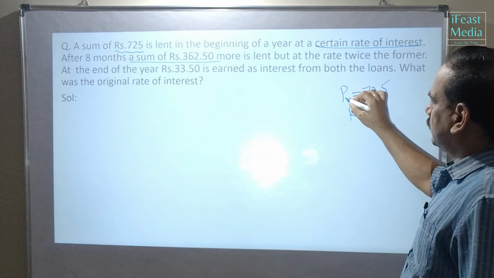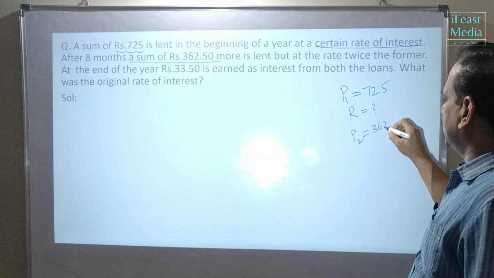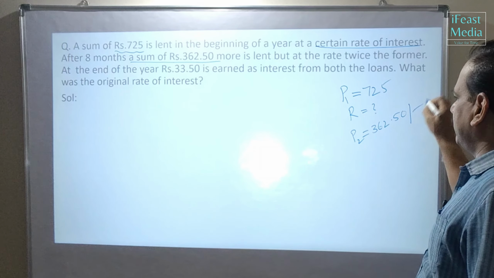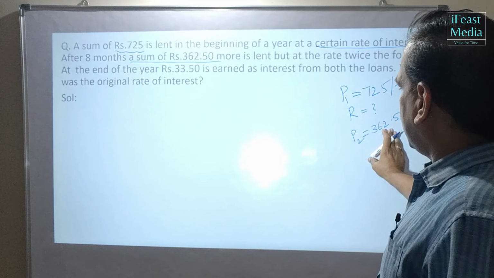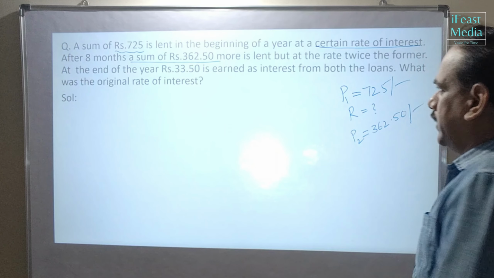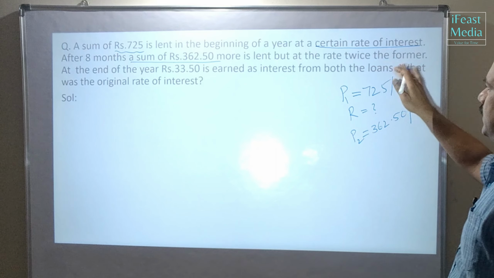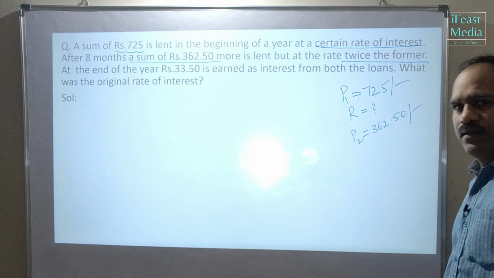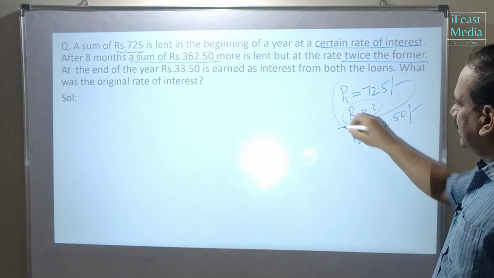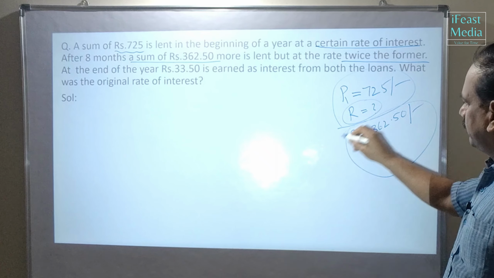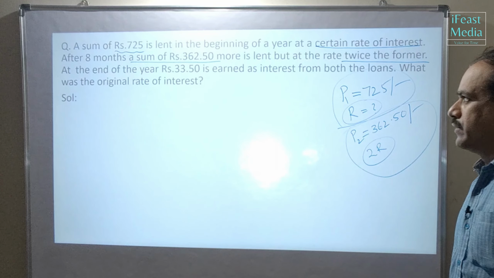So let us take the first one as P1, second one as P2, which is 362.5 rupees. This is also lent out after 8 months, right? So more is lent out at the rate of interest twice the former. Twice the former means rate of interest previously is R% for this amount. For this principal, the rate percent is 2R.